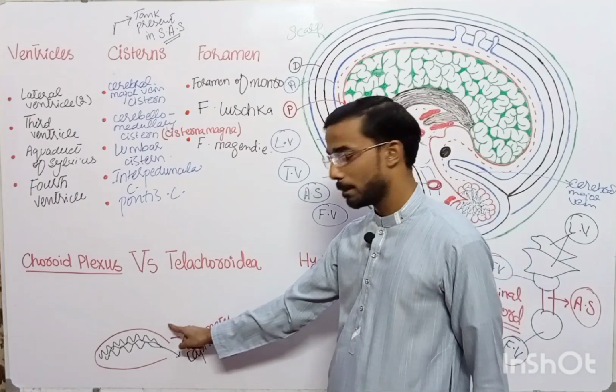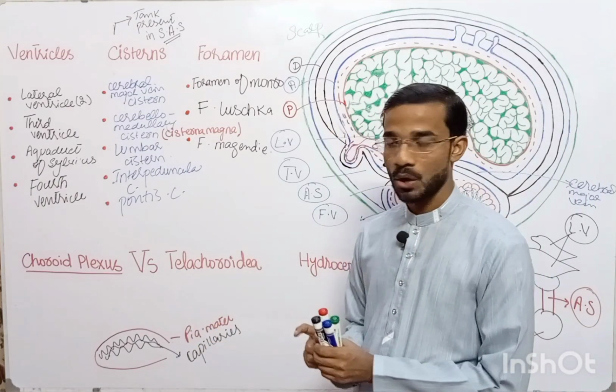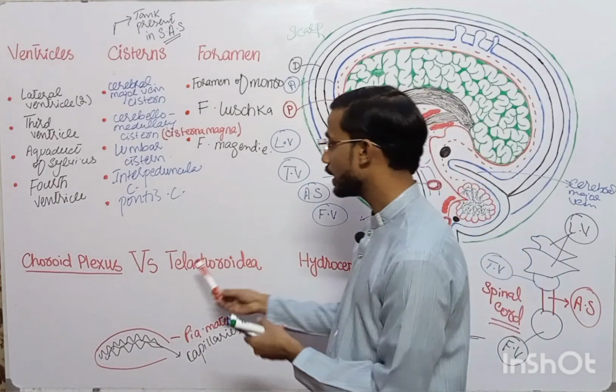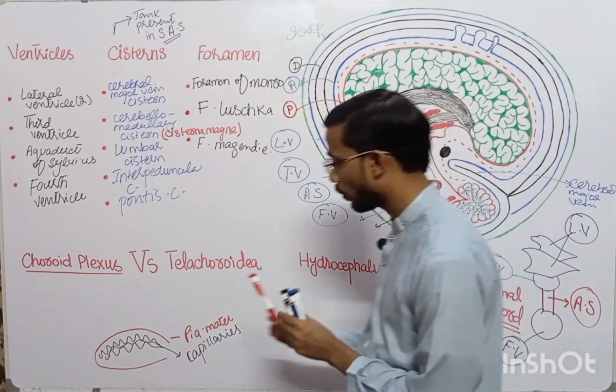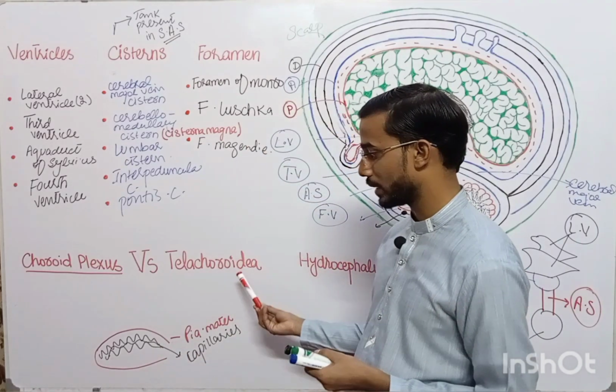So first of all, pia mater surrounds capillaries, and this structure, when the pia mater surrounds blood capillaries, is called Tela choroidea. This is the simple way. Folding of pia mater around the capillaries is called Tela choroidea.